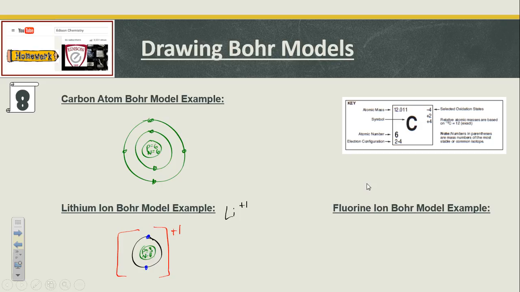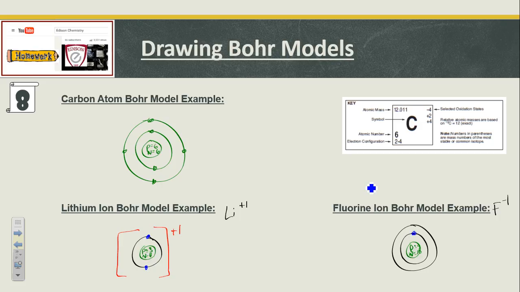A fluorine ion. Well, fluorine's on the other side of the periodic table. It's a bit bigger than lithium. It's got, let's see, 9 protons and 10 neutrons. And typically it's got 2 rings of electrons. The fluorine ion is fluorine -1, meaning it's picked up 1 more electron than it normally has.